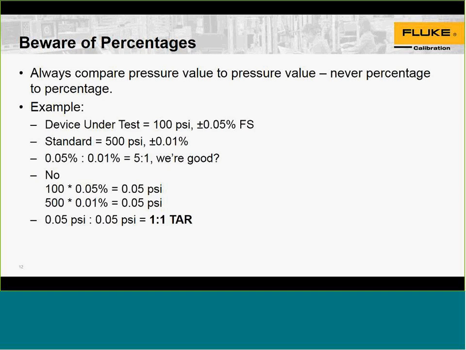So is it going to be good enough to calibrate? Is it 5 to 1? It's really 1 to 1, because even though the percentages differ, when it's a full-scale device, if you multiply the value into pressure units, it's really a 1-to-1 test accuracy ratio. So in this case it is extremely important.